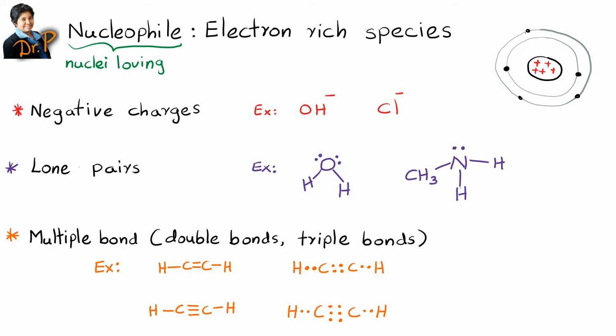So one reason is that in multiple bonds, you have a larger number of electrons between two atoms, a higher electron density, and in addition to that, the pi electrons are loosely held. So those electrons can get attracted towards a positive charge, making these multiple bonds into nucleophiles.